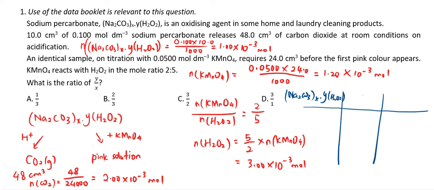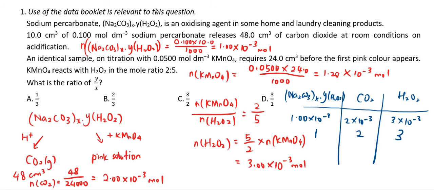Then I have CO2, and then I have H2O2. So this is 1 times 10 to the power of negative 3. This is 2 times 10 to the power of negative 3. H2O2 is 3 times 10 to the power of negative 3. So the mole ratio is actually 1, 2, and 3.